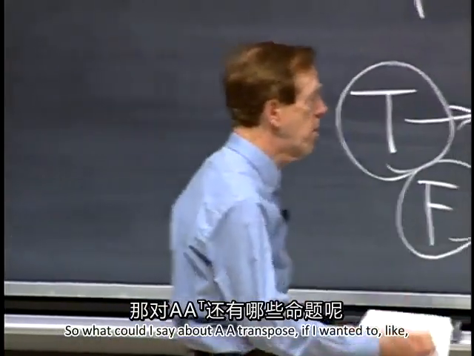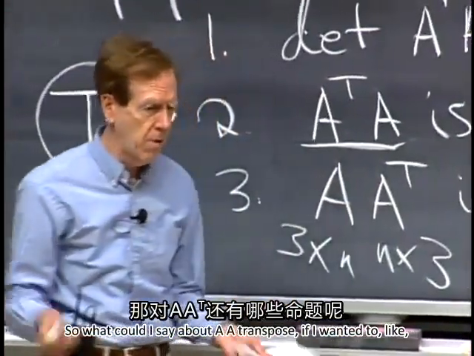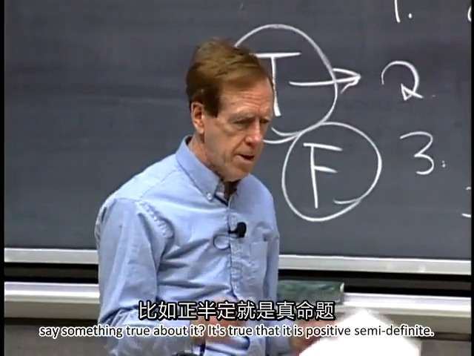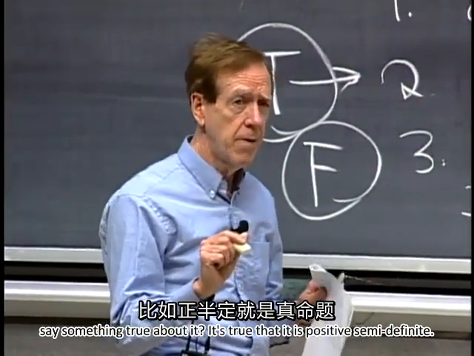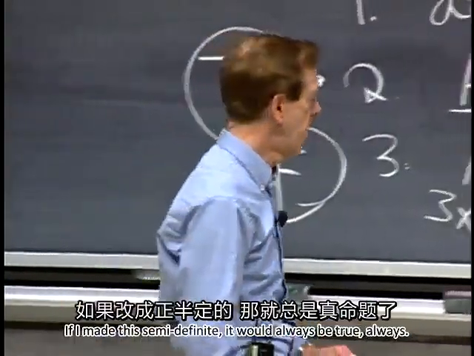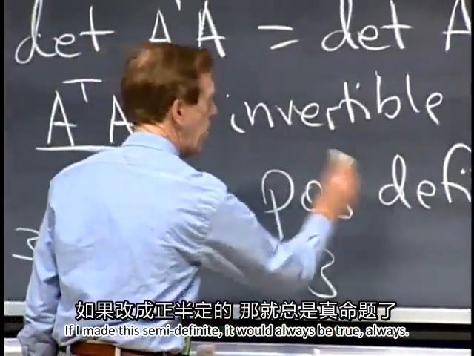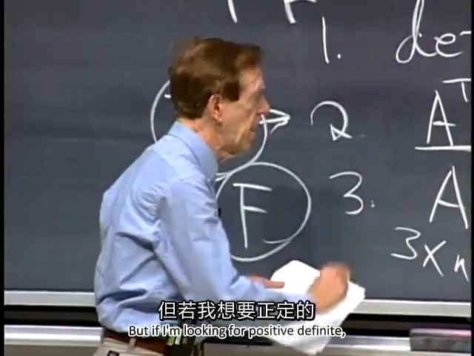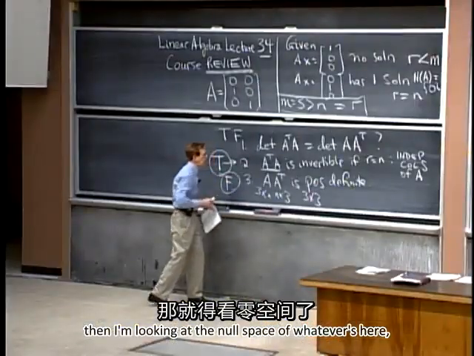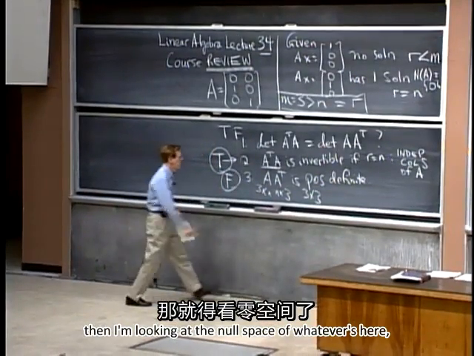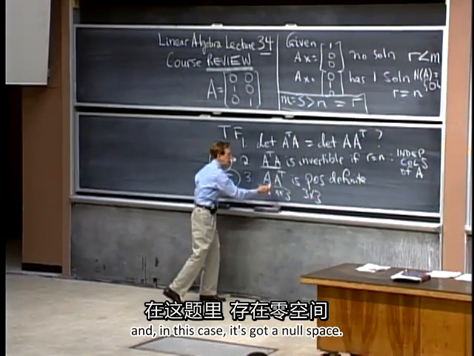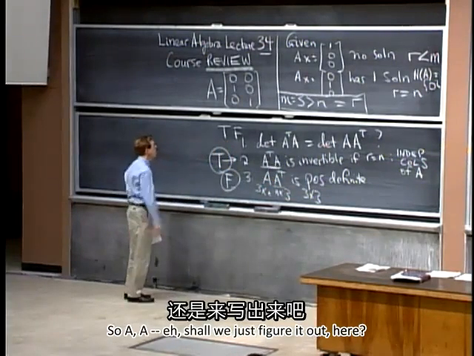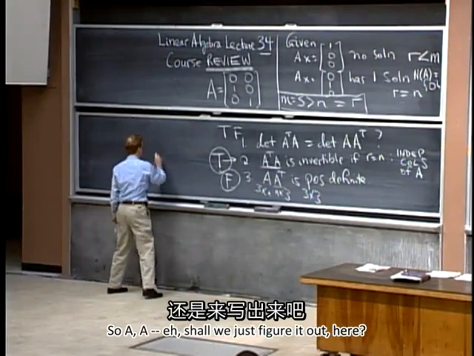So what could I say about AA transpose if I wanted to say something true about it? It's true that it is positive semi-definite. If I made this semi-definite, it would always be true. But if I'm looking for positive definite, then I'm looking at the null space of whatever's here, and in this case, it's got a null space. So we just figure it out here.